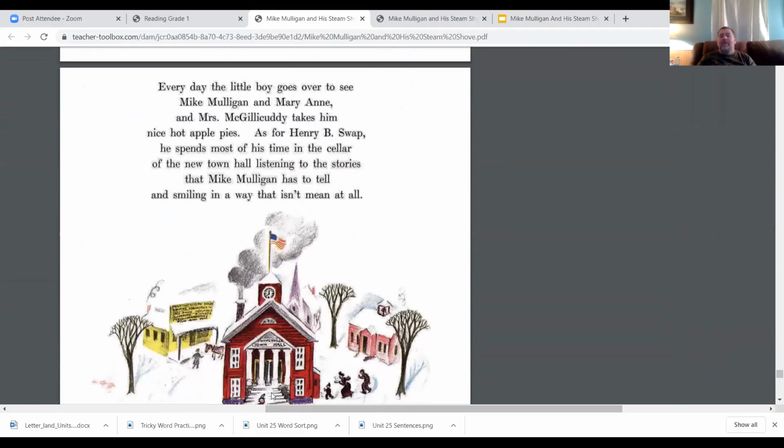Every day, the little boy goes over to see Mike Mulligan and Mary Ann, and Mrs. McGillicuddy takes him nice hot apple pies. As for Henry B. Swap, he spends most of his time in the cellar of the new town hall, listening to the stories that Mike Mulligan has to tell, and smiling in a way that isn't mean at all.